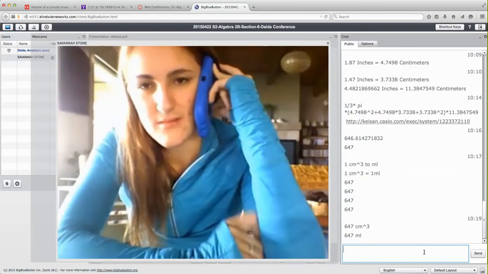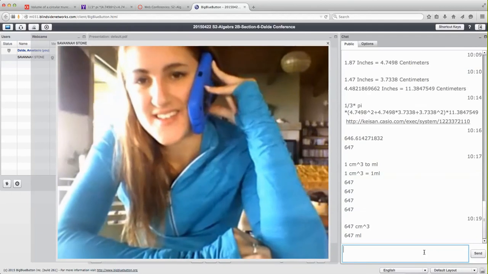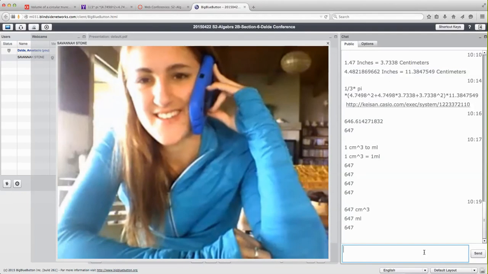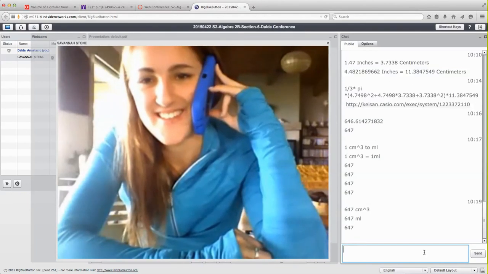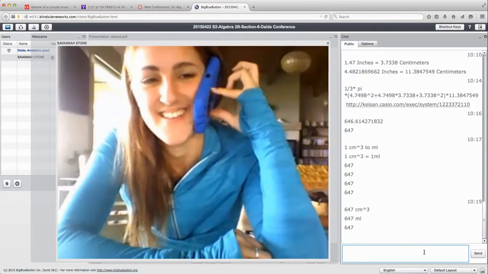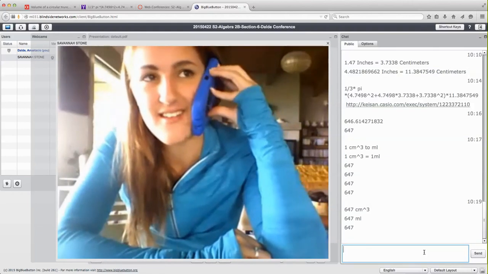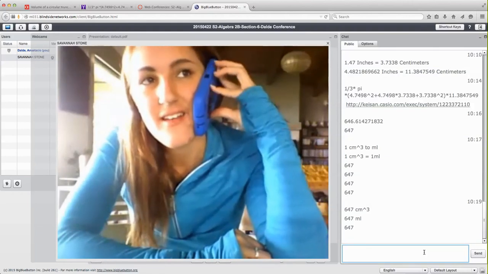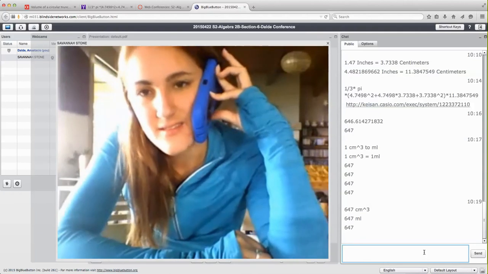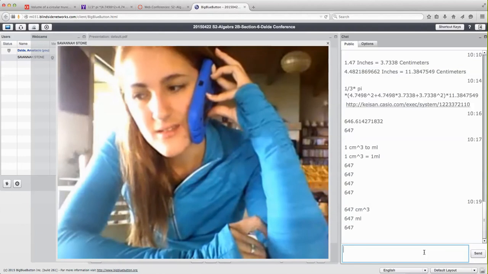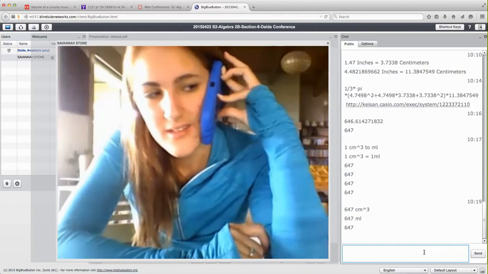That's easy. That's why I kept typing 647 on top of the computer screen and asking you to say it. But I'm glad you brought that up. So do you understand where we're going here? Okay, all right. So you're telling me, in theory, there should be exactly 647 milliliters of water that can fit in that cup.